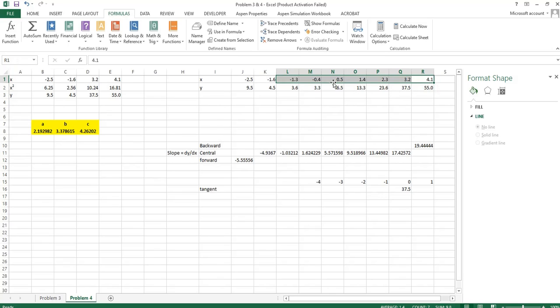Now from here to here, the difference between the x value is a constant. That is the difference between 4.1 minus 3.2 will give you the same value. That is 4.1 minus 3.2 is the same as 3.2 minus 2.3. 2.3 minus 1.4 is the same thing.